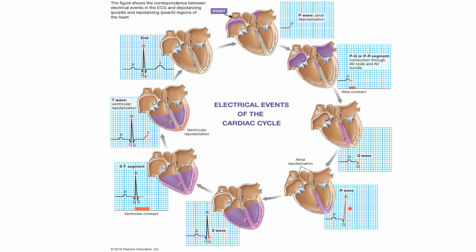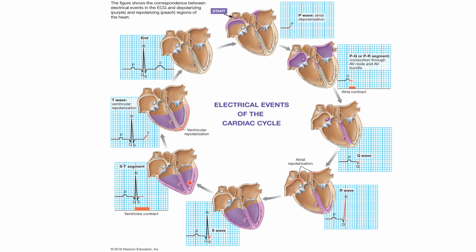And you can see right here, we are starting to see the QRS wave on our ECG diagram. Now, following the depolarization of our ventricles, we are going to have contraction. So your ventricles are going to start to contract.